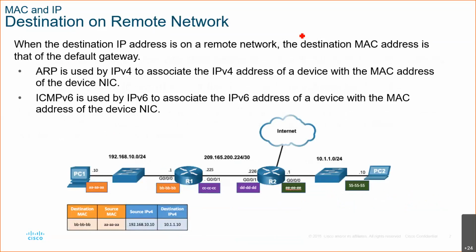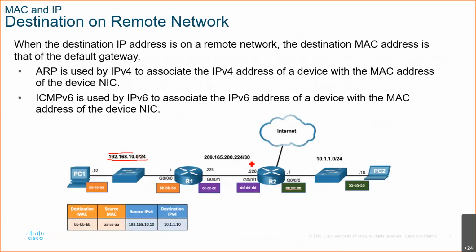On the other hand, if an IP address is on a remote network, let's say this is one network: network address is 24 bits and host is 8 bits.